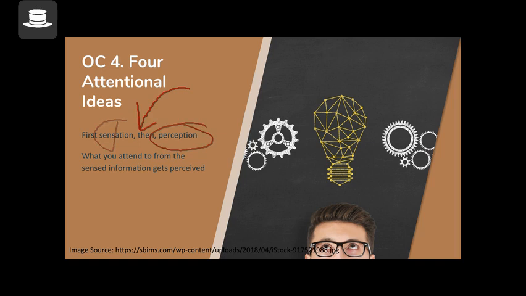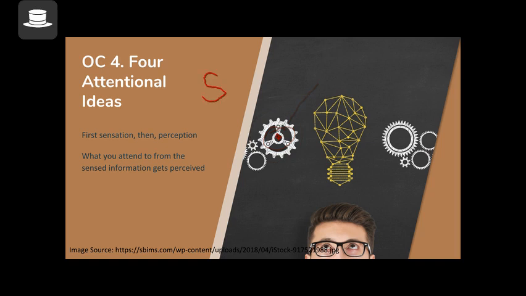Okay, so your eyes capture information. That is sensation. You use attention to select a part of the sensed information, that is attention. Then your brain perceives this part of the selected information, that's perception.